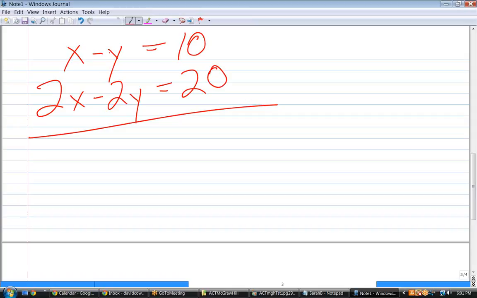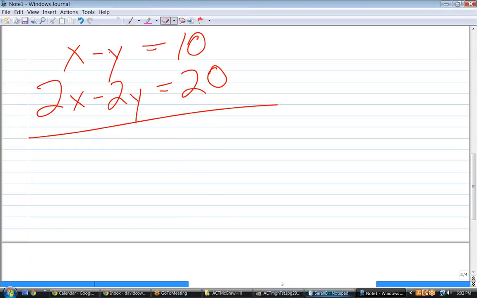In other words, I didn't really give you any additional information with the second equation. I just gave you the same equation multiplied by 2. Well, I can't solve this. If I try to solve this using elimination, I get 0 equals 0. I get no solution at all. So there are an infinite number of solutions to this.